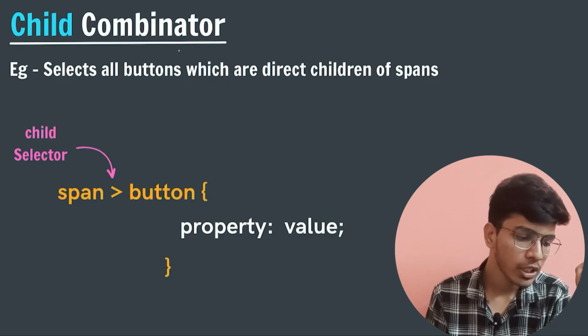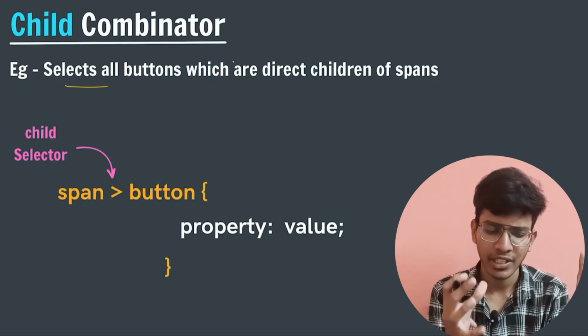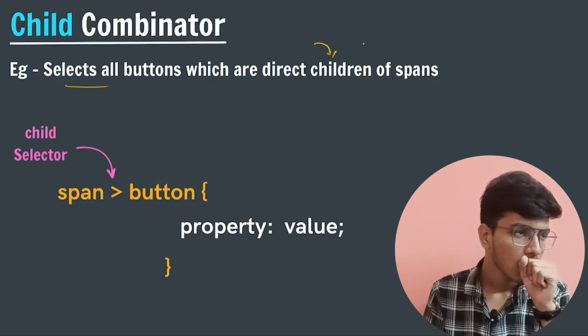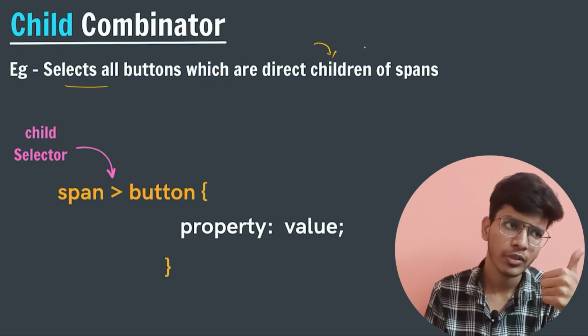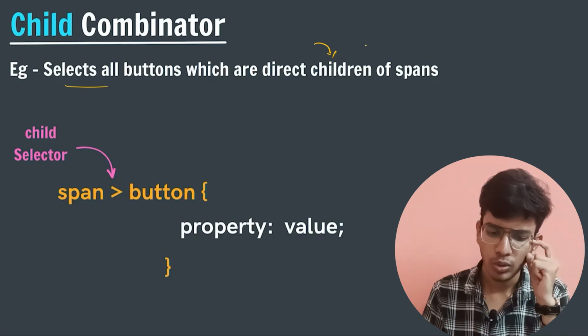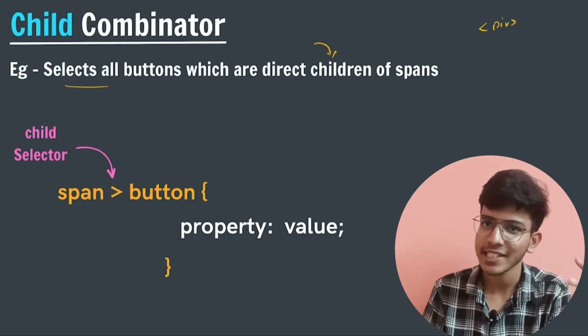So what this will do is that it will select all the elements which are directly coming as children. So you might ask, what is the difference between child combinator and a descendant selector? Let's say I'm taking an example, I don't want to create confusion here.